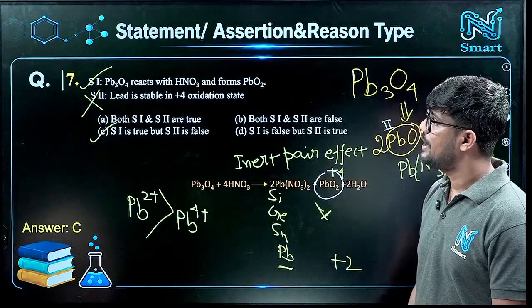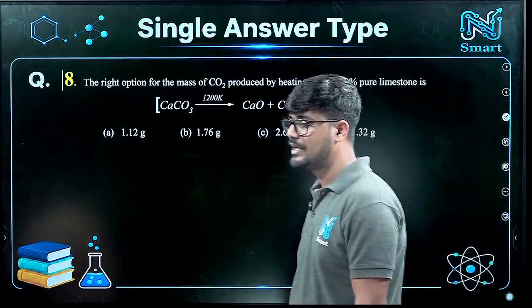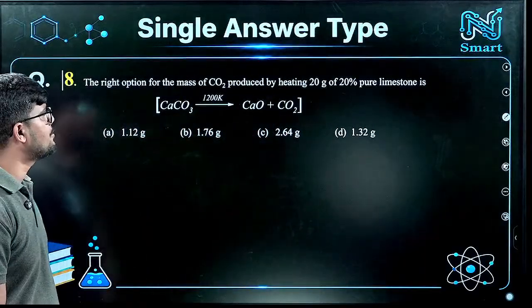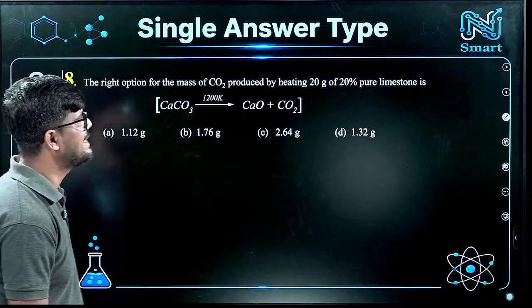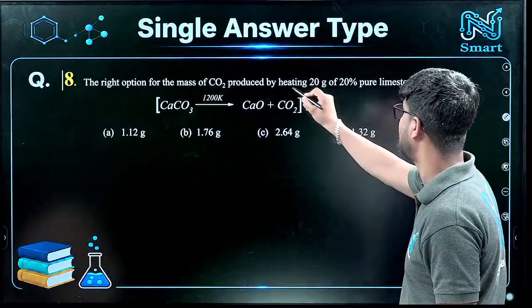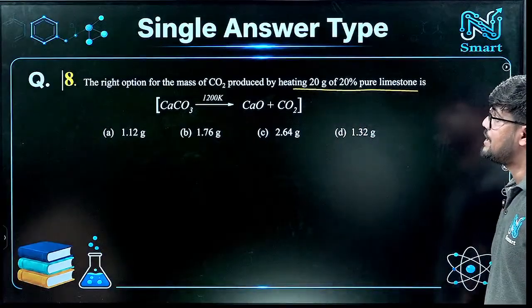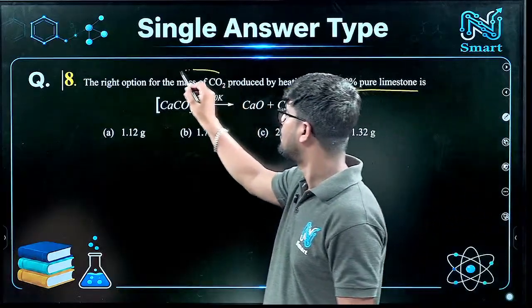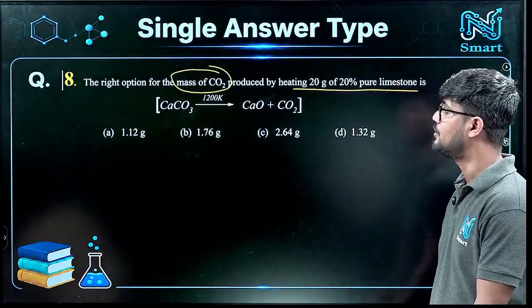Acha, now let's go to the next one. Can you calculate this? The right option for the mass of CO2 produced by heating 20 gram of 20% pure limestone. This is a very important question. You have to find out the mass of CO2. How will we find out?